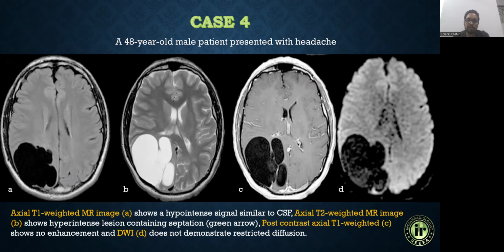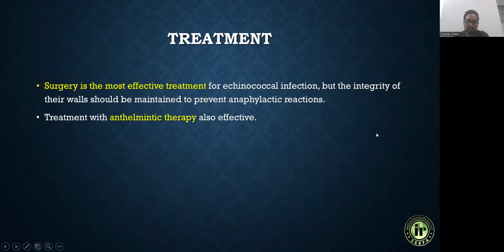Case 4. A 48-year-old male patient presented with headache. Axial T1 weighted MRI shows a hypointense signal very similar to CSF, while axial T2 weighted MRI shows a hyperintense signal containing two septations. Post-contrast axial T1 weighted imaging shows no enhancement, while diffusion weighted image shows no evidence of any significant diffusion restriction.